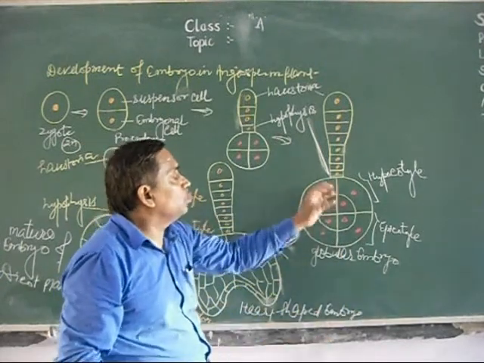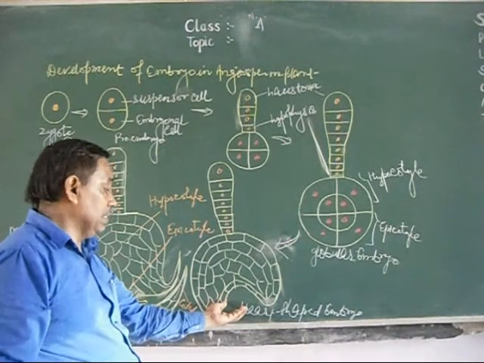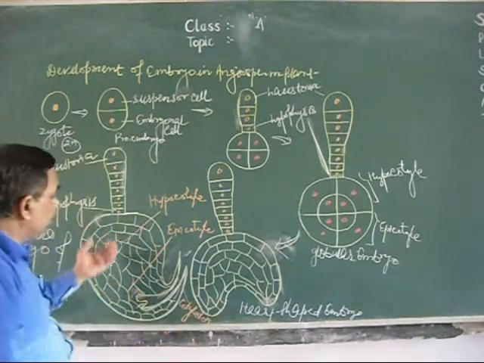So this undergo division and form heart-like embryo. After that it form mature embryo.